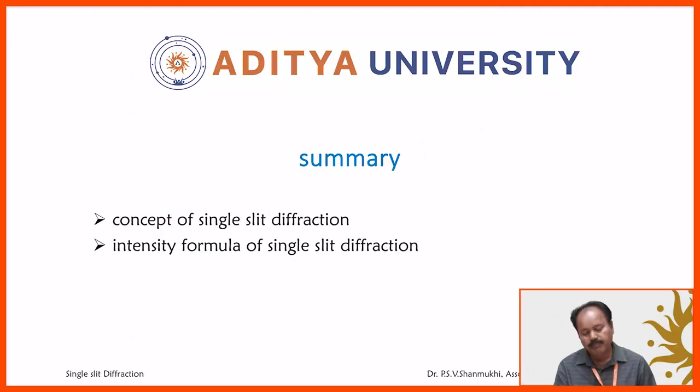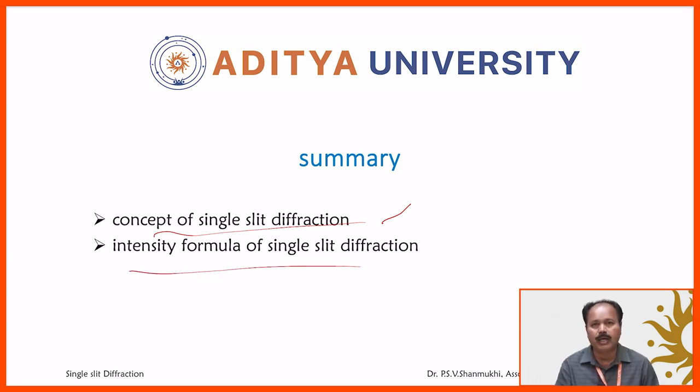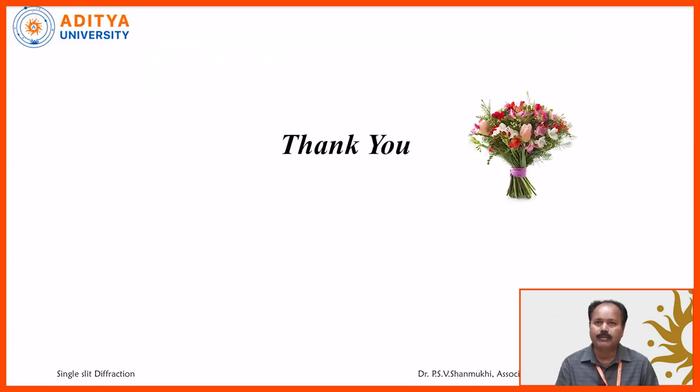So, coming to the summary of this article, we have discussed what single slit diffraction, Fraunhofer diffraction due to a single slit, is. Later on, we have derived the intensity formula for the single slit. Okay, thank you very much.